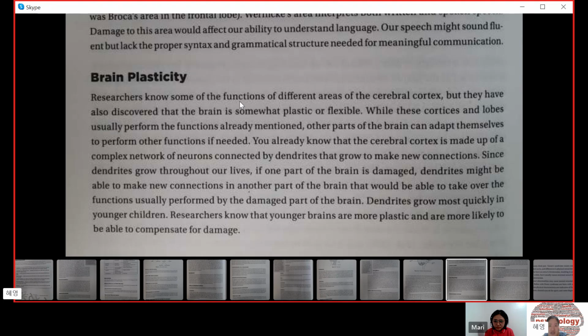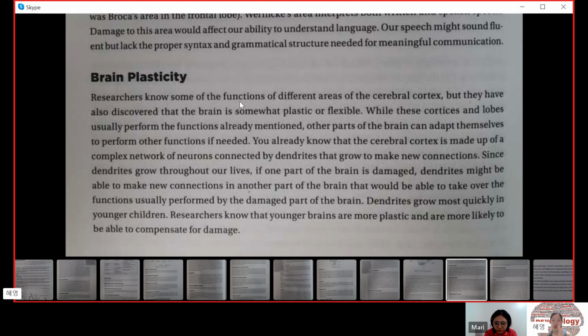While these cortices and lobes usually perform the functions already mentioned, other parts of the brain can adapt themselves to perform other functions if needed.